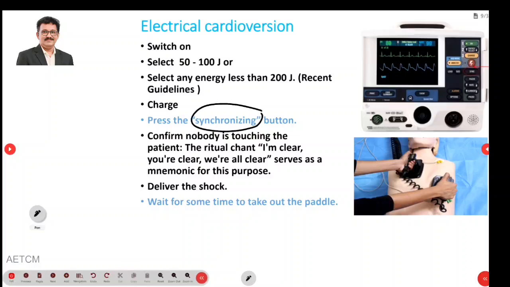So if you are giving DC cardioversion, always synchronized button should be pressed, because when you are delivering the shock it will be delivered at the right moment when you synchronize. Otherwise, the shock can be delivered at any time if you don't press the button. So synchronization is very important. I am not going to the details of synchronization now, but synchronized shock is important in DC cardioversion, whereas in defibrillation we don't press that button.